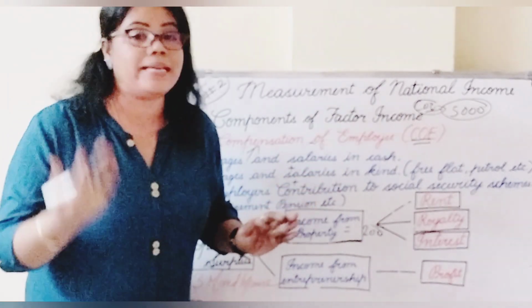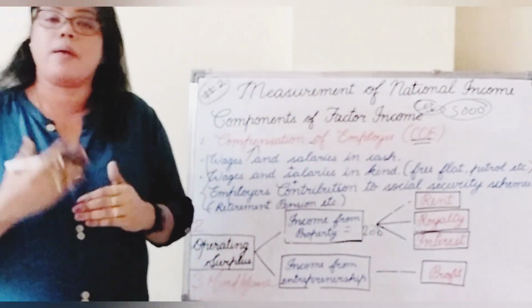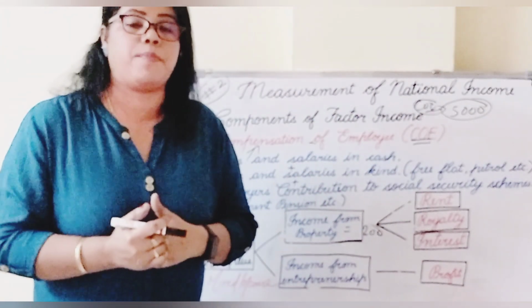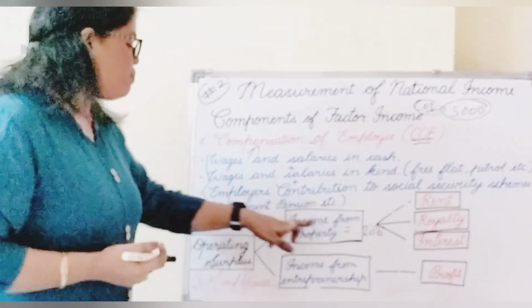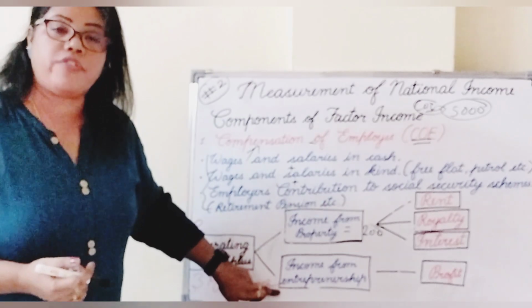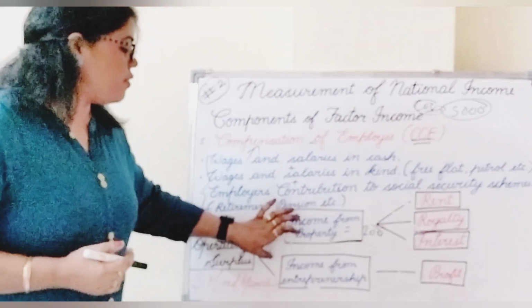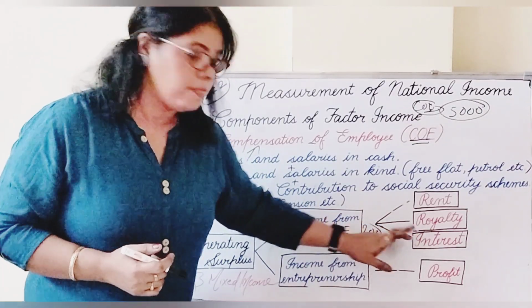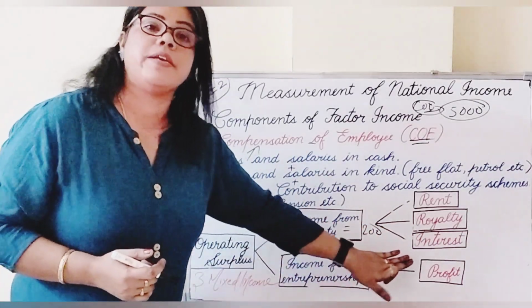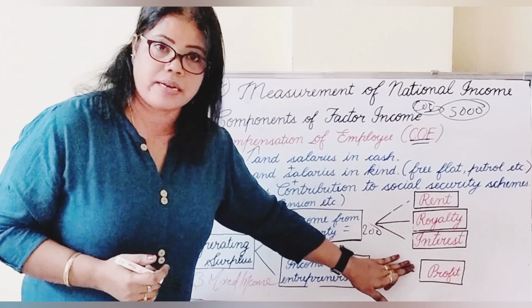Plus operating surplus. What comes under operating surplus? Income from property and income from entrepreneurship. Income from property is rent, interest and royalty, and income from entrepreneurship is called profit. Is that clear?